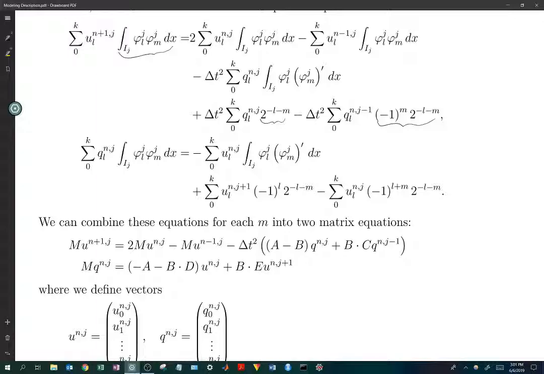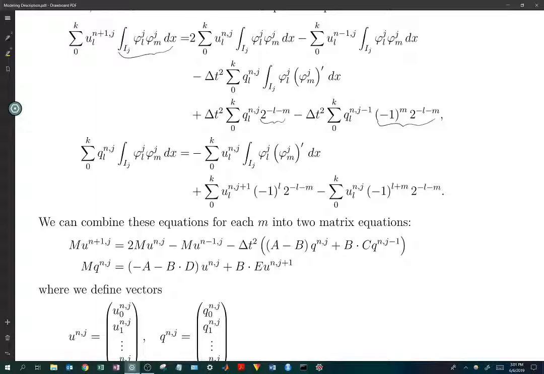Each of those gives us an equation. So we've got k plus 1 equations, because we're going from m equals 0 to k.